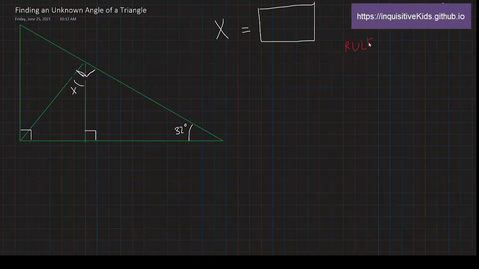The rule is that the sum of all the angles in a triangle, I'll just draw a quick triangle right here, is always equal to 180 degrees. So here's the rule: the sum of all the angles in a triangle is equal to 180 degrees.